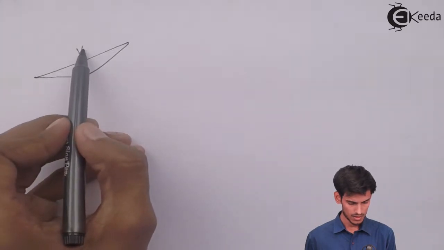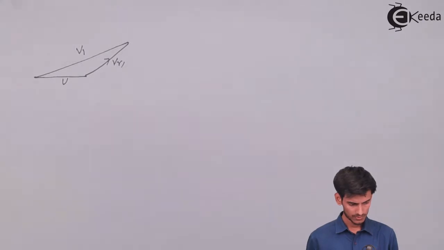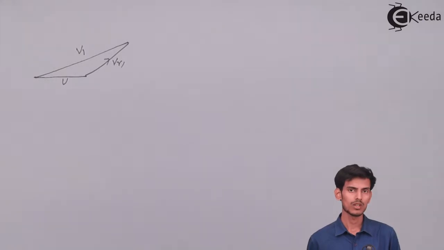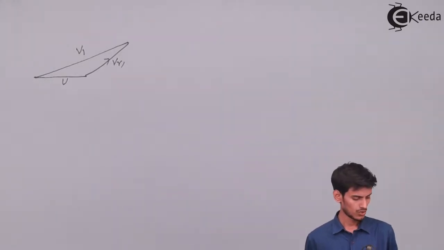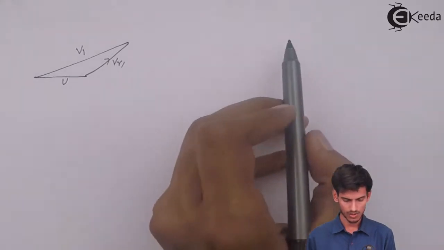This is V1, this is Vr1, this is u. Let's observe the value of u is 47, the value of whirl is 26. So the value of u is more than the value of whirl. The triangle that I've drawn is not valid, so we have to draw a new triangle. It will look something like this.